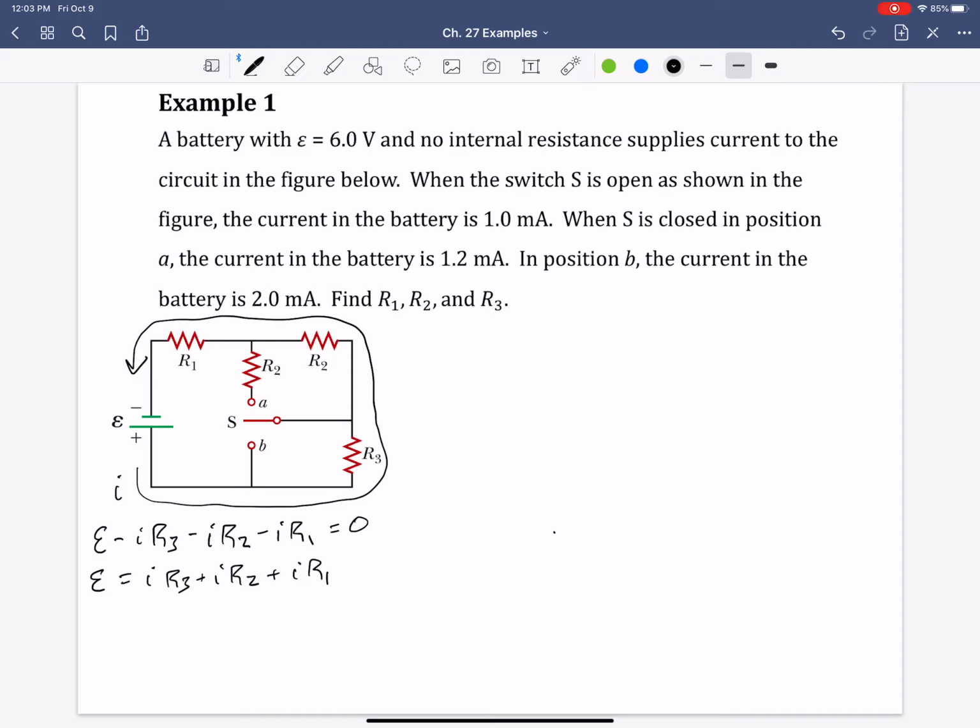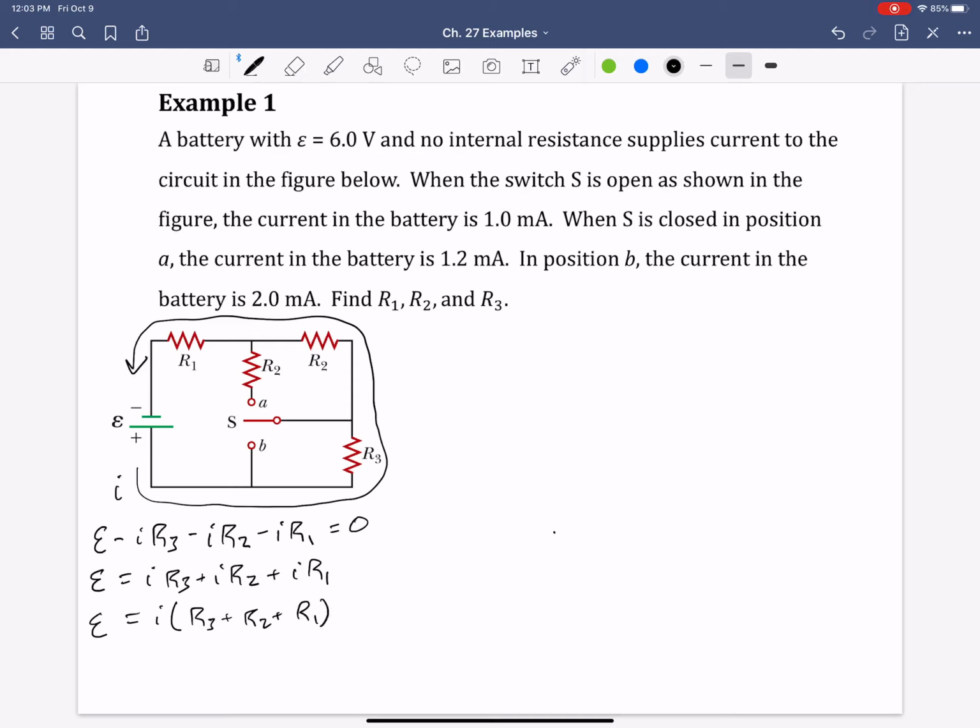So it kind of separates the voltages from all of the other potential drops from the circuit elements. Okay, so if you do this, you have the EMF. I can factor out the current, and then we just have R3 plus R2 plus R1.